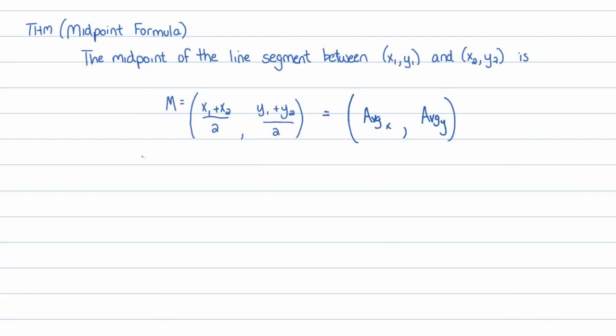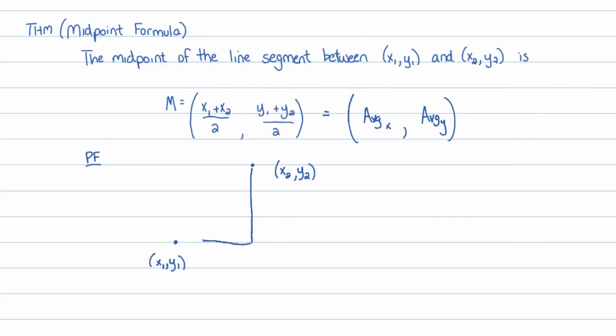Now, I'm going to justify this more than anything else, but I think this is a pretty decent proof as well. So let's suppose that we have a couple points, x1, comma, y1, and another point up here, x2, y2. Okay. And we can find the distance between those points.